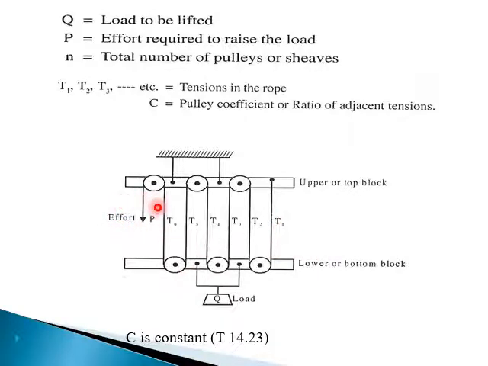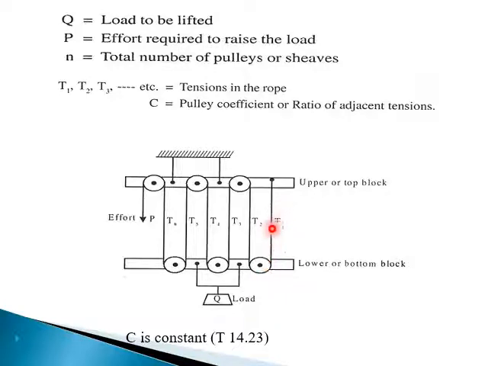P is the effort that you put at one end of the rope, and the other end of the rope is fixed to the upper top block. Whatever tension you get because of putting an effort at the other end, we take that as T1 at the first sheave end.